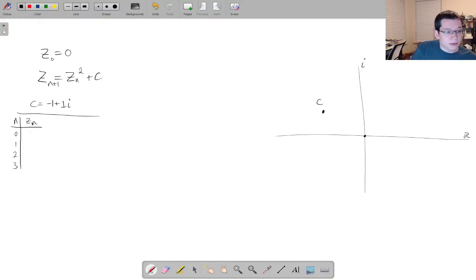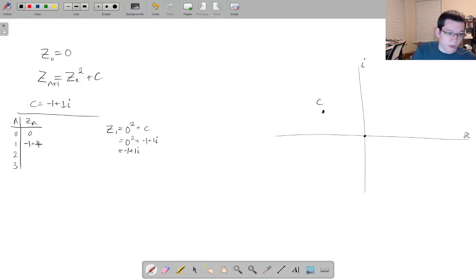But for z naught, we've got 0. For z1, we're going to take z1 equals 0 squared plus c, which is 0 squared plus -1 plus 1i, which is equal to -1 plus 1i.